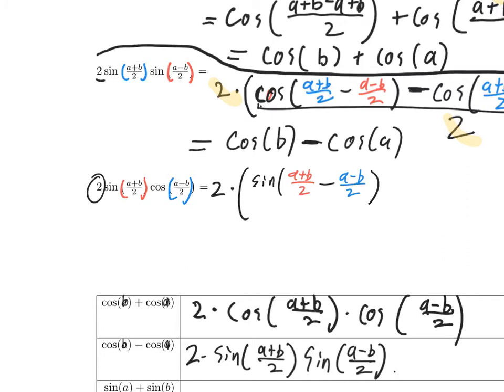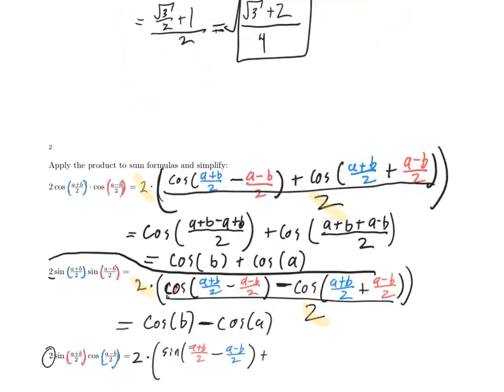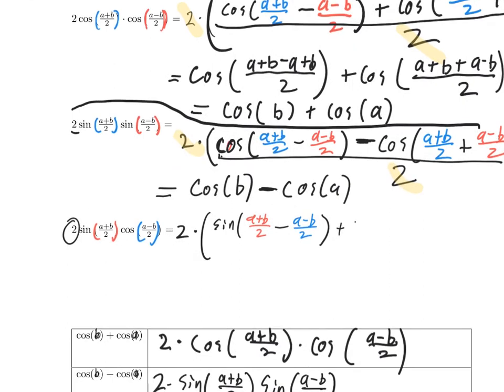And that's handy because I already know that that thing in that parentheses is going to simplify down to b. Plus, double check the formula, the sine of a plus b. The sine of the sum of the 2 things, red, a plus b over 2, plus blue, a minus b all over 2.